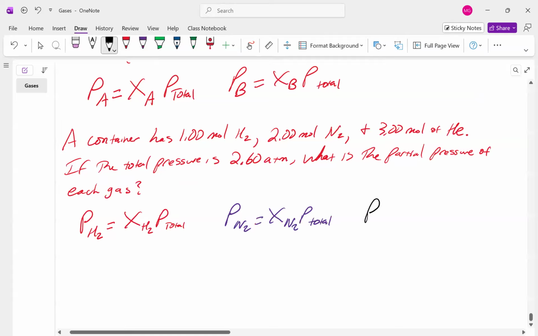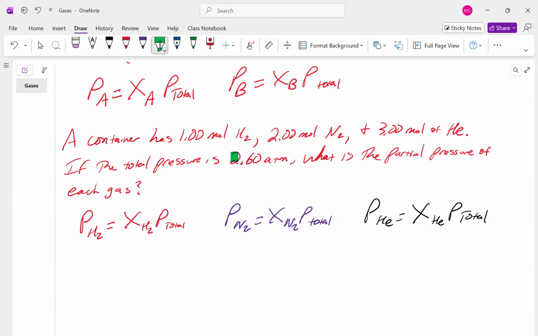And the partial pressure of helium is going to be the mole fraction of helium times the total pressure. Now I have the total pressure here. The one thing I'm not given directly is the mole fraction, so I need to find the mole fraction first for each of these.